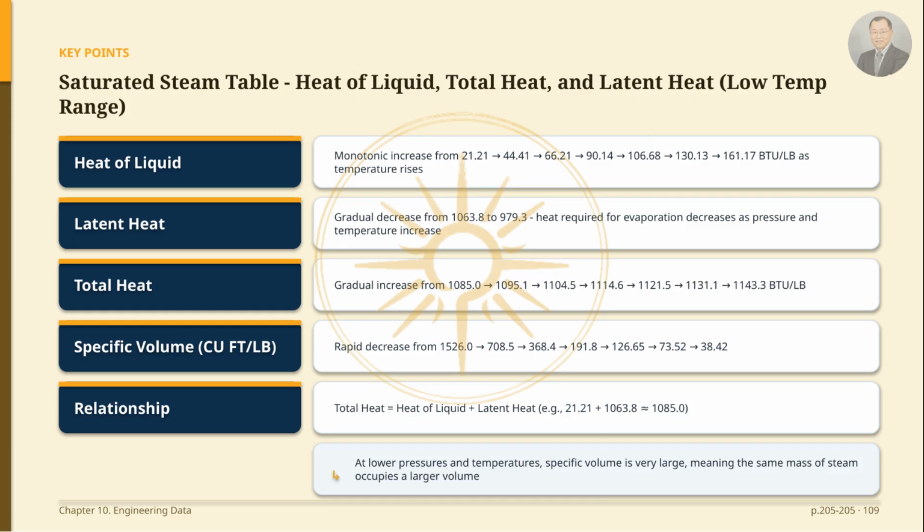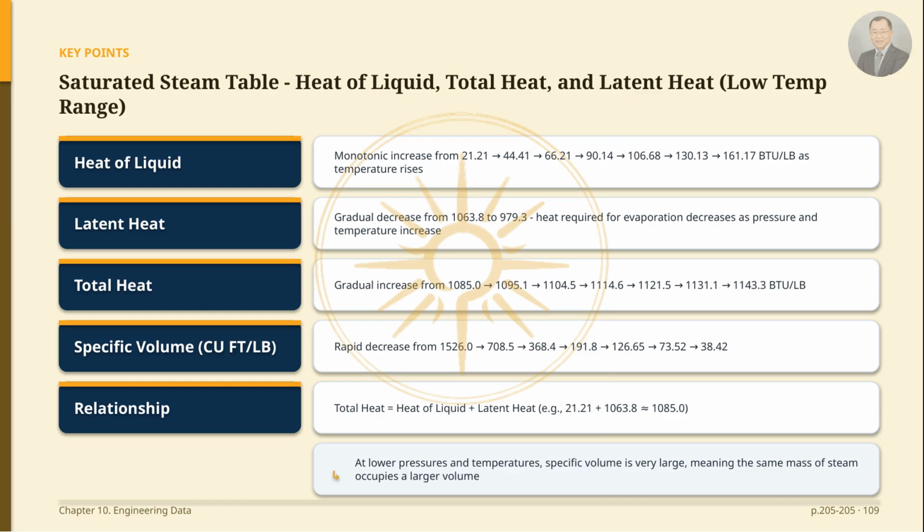I'd like to introduce the values for the low temperature range among the data rows of the saturated steam table. First, the enthalpy of liquid starts at 21.21 BTU/LB and steadily increases as the temperature rises, passing through 44.41, 66.21, and 90.14 up to 106.68, 130.13, and finally 161.17 BTU/pound.